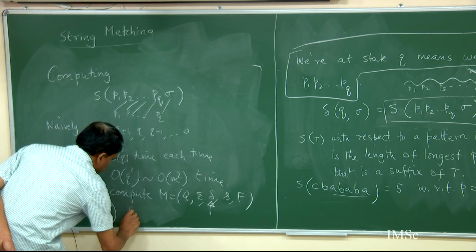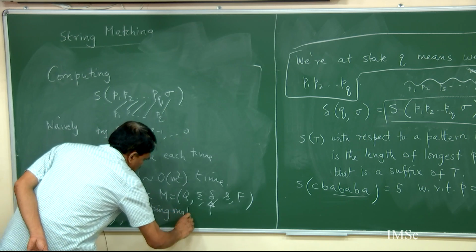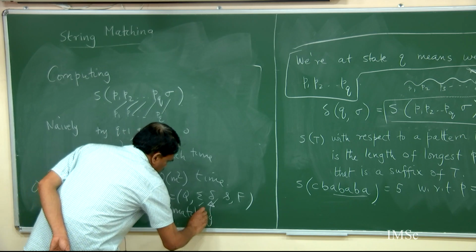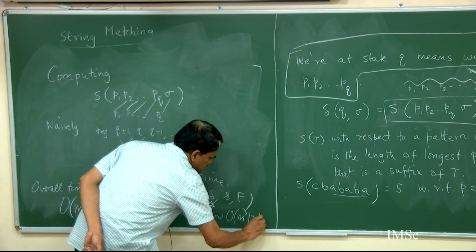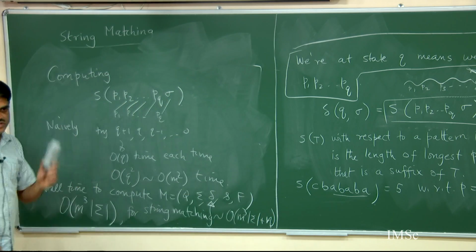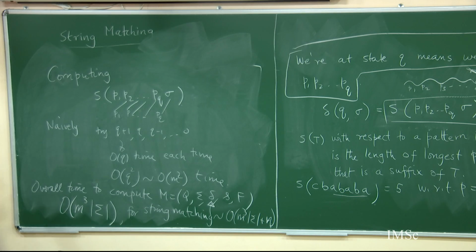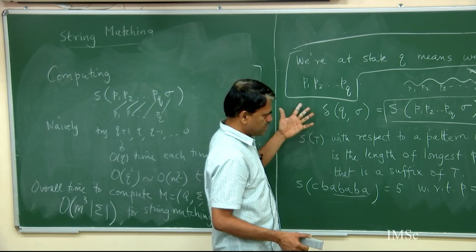And for string matching, it is m cubed sigma plus n, because n is the time to run your text on this. The crux of this is this suffix function, and you need to understand that.